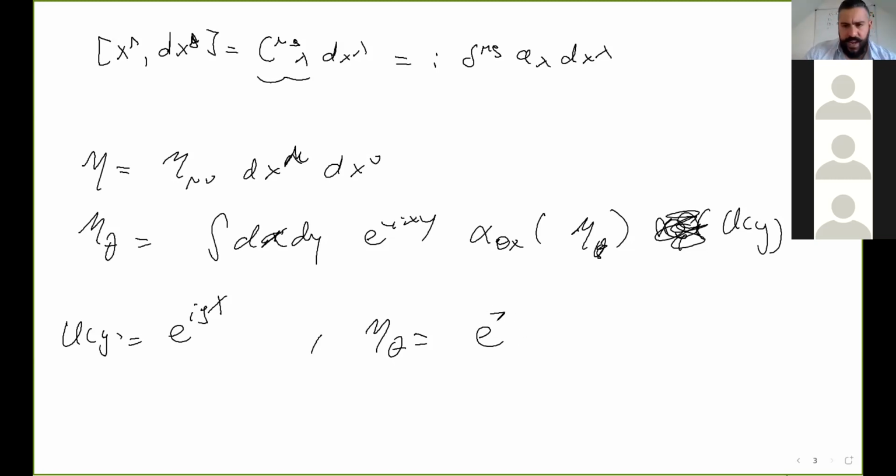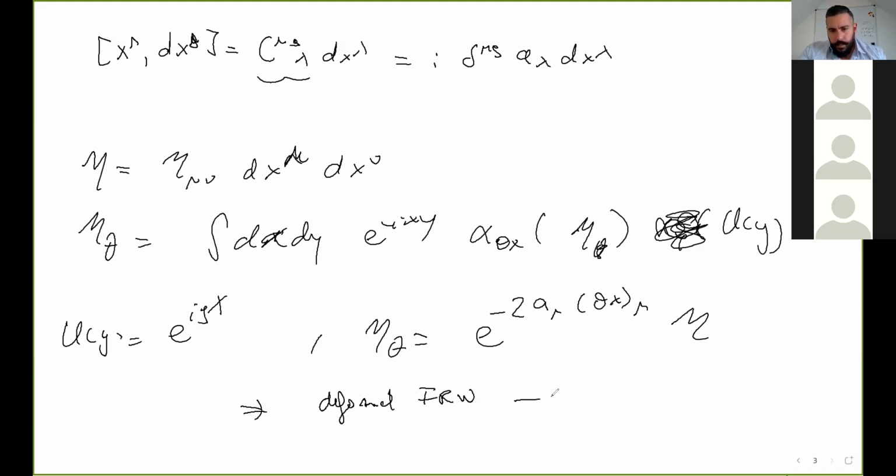The conformal factor is minus 2 a mu theta x mu eta. Now, by choosing a and theta in a certain way, I obtained a deformed Friedmann-Robertson-Walker model. Further on, you can choose the constants in a way such that you get the old FRW model. Basically, all I did was to choose a theta 0i to be the Hubble parameter.